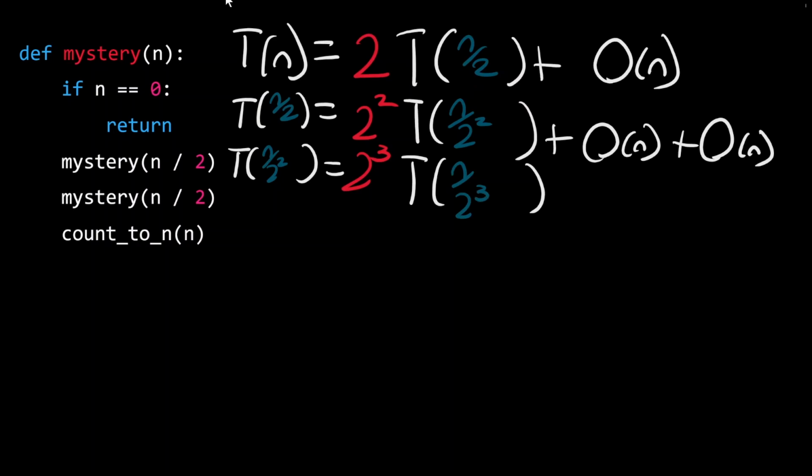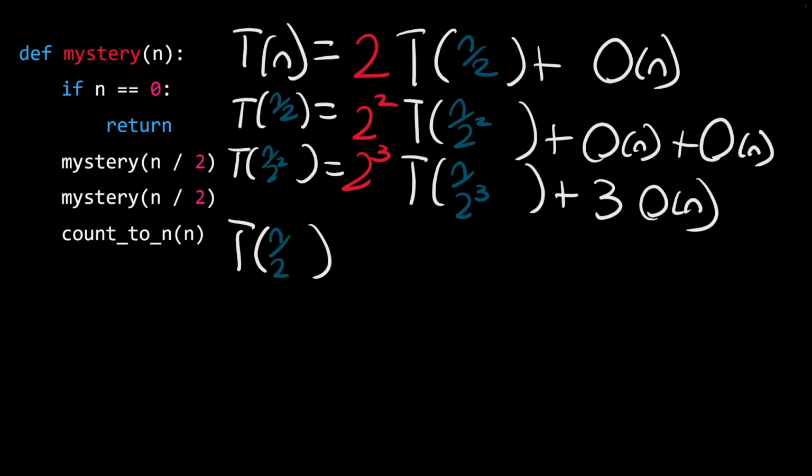Then to simplify, we'll just do 3 times O of n. And we can get a general form from this. What do you think this general form is? The general form we get when going down is going to be 2 to the k.